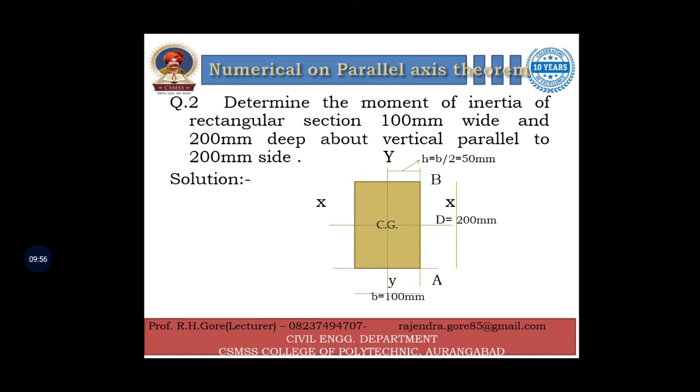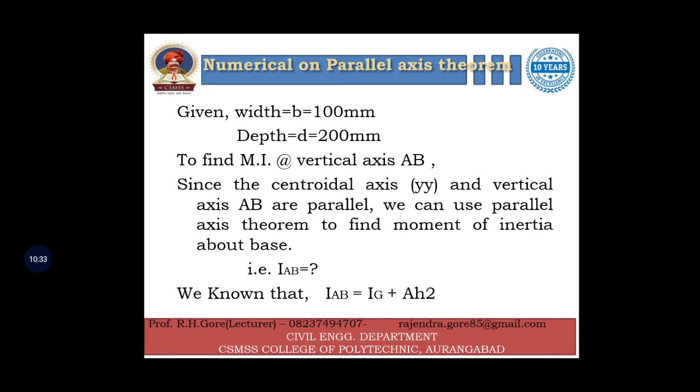But the main difference is that in the previous problem we found the moment of inertia about the base, and in this problem we have to find the moment of inertia about the vertical axis parallel to the 200 mm side, that is AB. So in this case Ig is Iyy because the AB axis is parallel to the YY centroidal axis. So we can use Iyy in the parallel axis theorem.